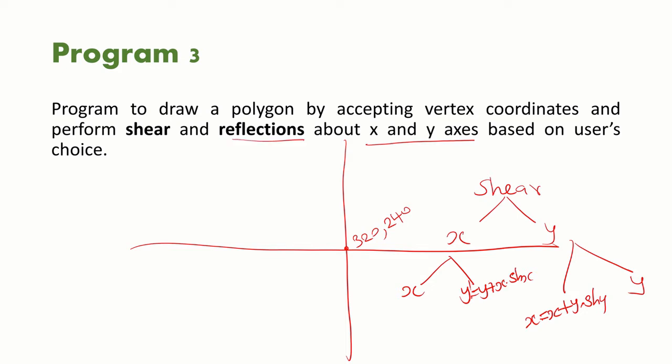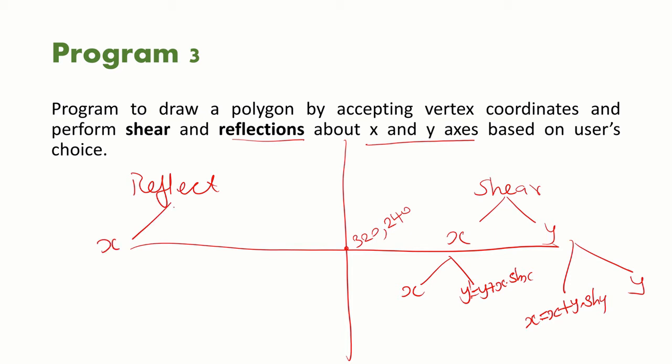When you say reflection, we are just going to change the sign. If it is about the x-axis, we will just change the sign of the y value, and if it is about the y-axis, we change the sign of x.